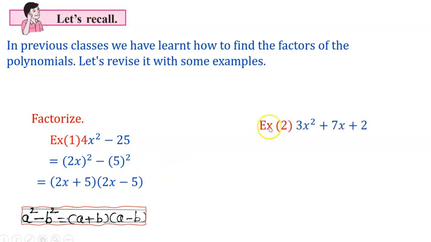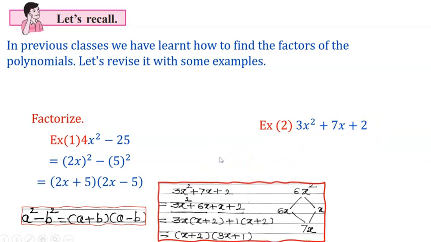Next, 3x square plus 7x plus 2. To factorize this, first we will multiply the first term and the last term. The first term is 3x square, into 2, then you will get 6x square. What about the middle term? The middle term is 7x. Now we will find two numbers whose sum is 7x and whose product is 6x square. Therefore, the two numbers are 6x and x.